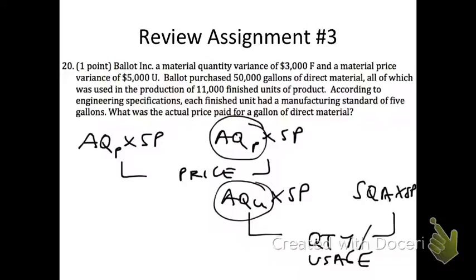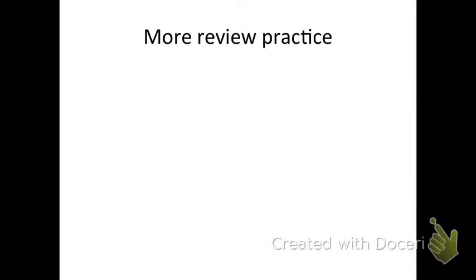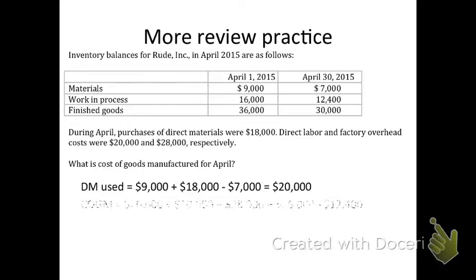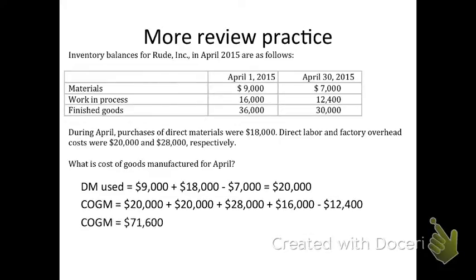All right, that is the review assignment. I do want to make you aware that I have put another practice problem up here, determining cost of goods manufactured in the case where I just give you balances and materials and things like that. So practice getting cost of goods manufactured with this type of information.